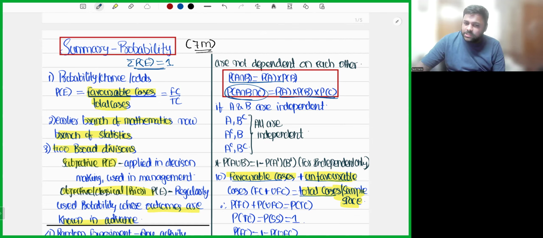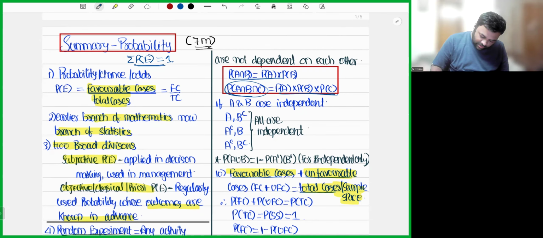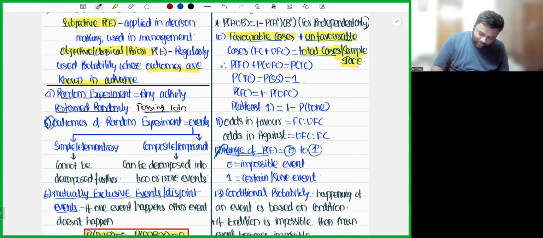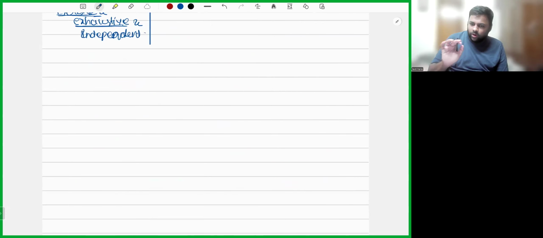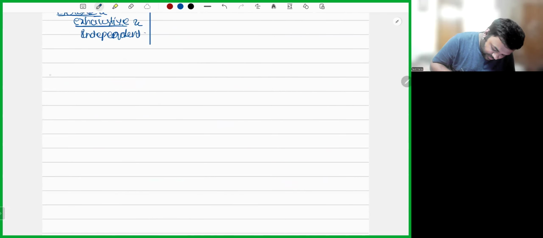Yeah. So I hope these points are clear. If you see, my dear friends, there are four to five important definitions. What are these important definitions? First one, exhaustive events.